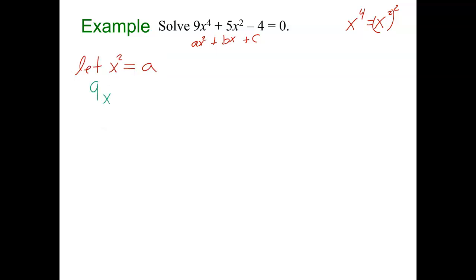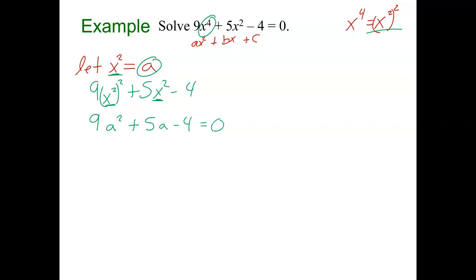Anywhere I see an x squared, I'm going to replace it with an a. So if I have 9x to the 4th, which is x squared squared, plus 5x squared minus 4, I have 9a squared plus 5a minus 4 equals 0.